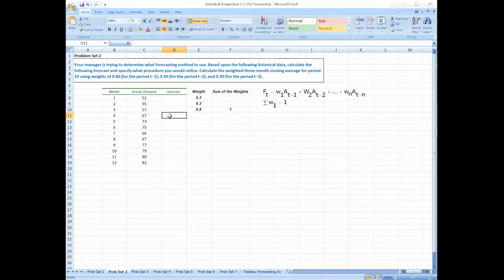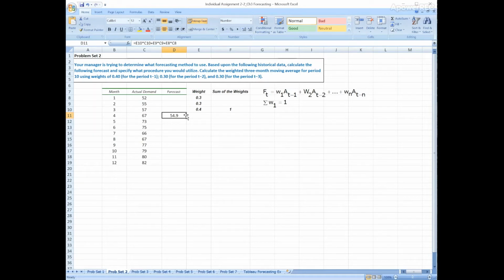We come up with the forecast for month 4 equal to 0.4, our first weight, times 57 actual demand, plus 0.3, our second weight, times 55 actual demand in month 2, plus 0.3, our third weight, times 52 actual demand in month 1. The forecast for month 4 using weighted moving average is 54.9.